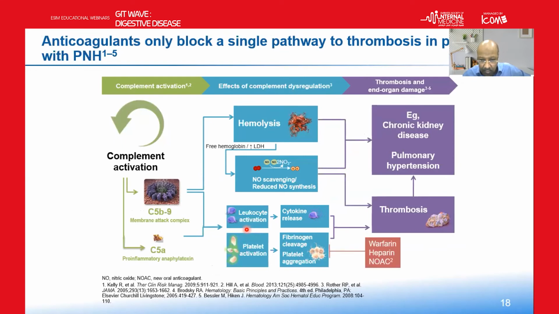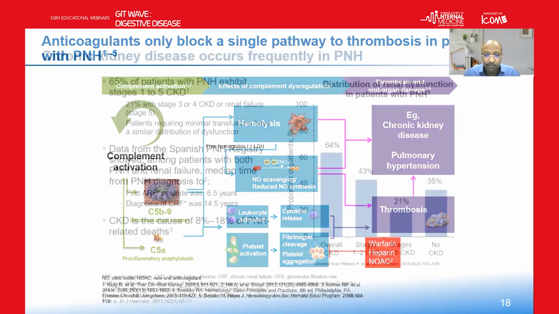So if you use anticoagulation with warfarin, heparin, or new oral anticoagulants, you will be blocking only one pathway, and you will leave all the others. You're not treating the root cause of the problem, which is the chronic hemolysis and the free hemoglobin. So you really need to block the hemolysis by blocking the complement, as we will see later.